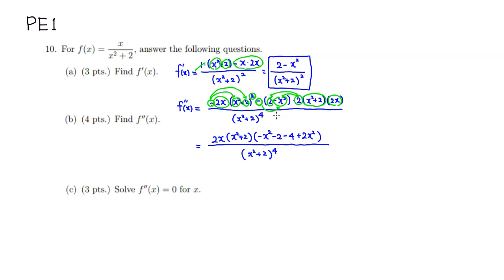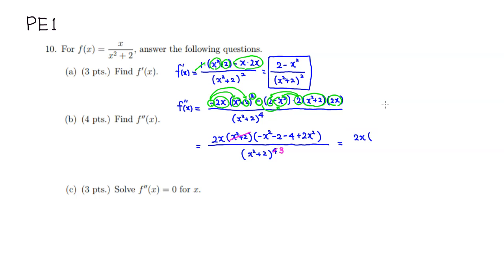And we can simplify a little further. There's x squared plus 2 on top, and there are 4 of those in the denominator, so we can cancel one, reducing it to the 3rd power. So 2x is still here.